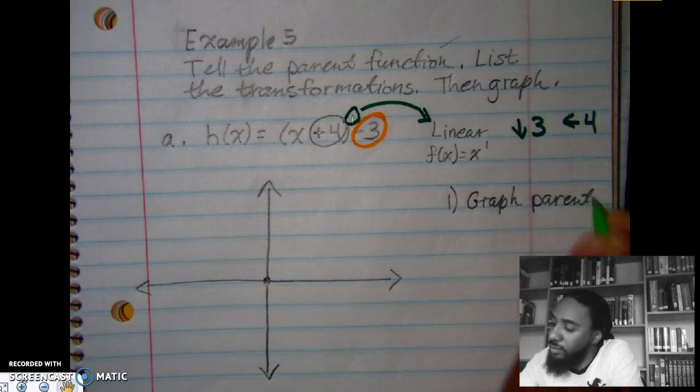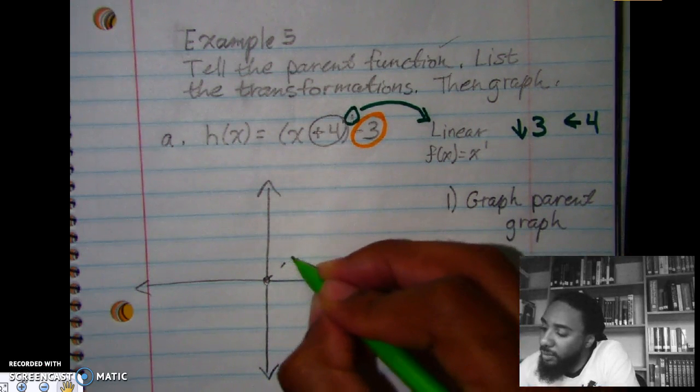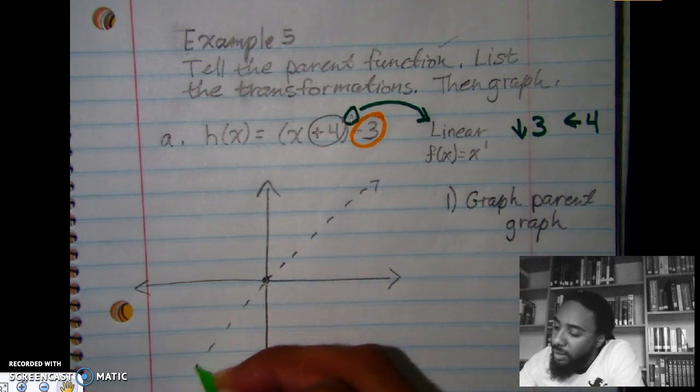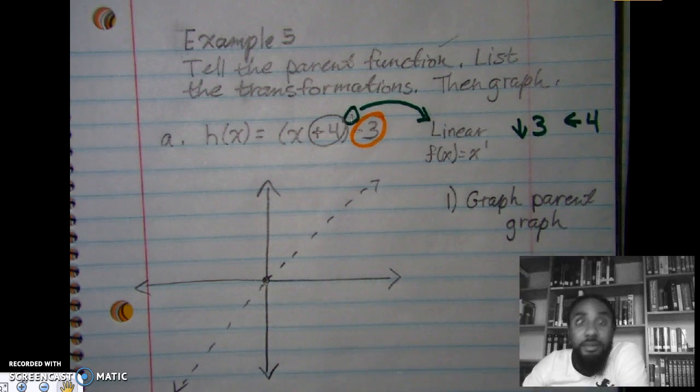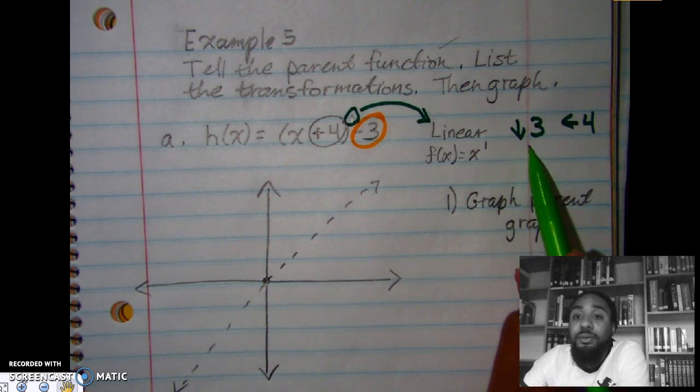A parent graph, sorry. And we know here the linear just goes up diagonal. We know that. So we're good on that. Not bad, not hard.